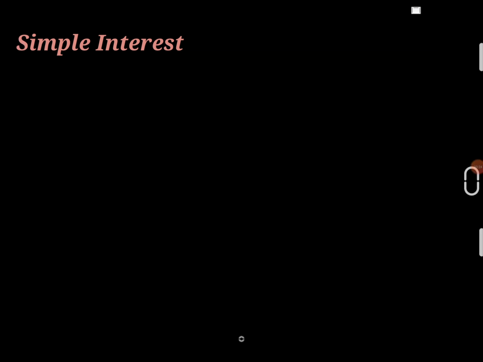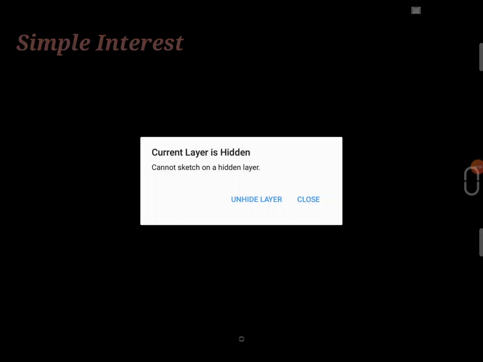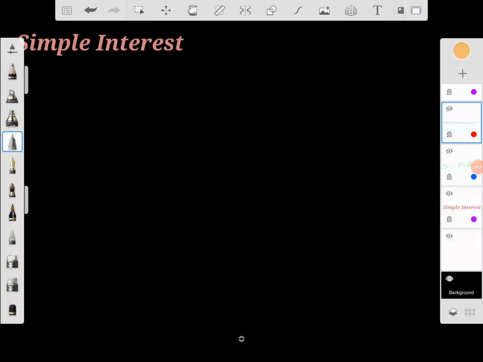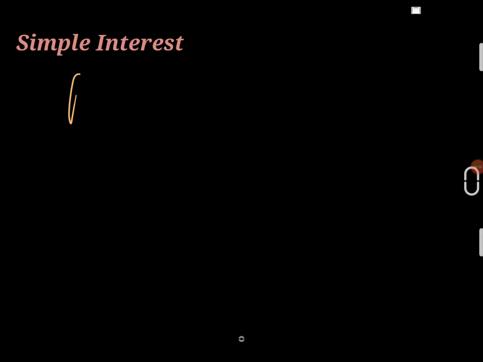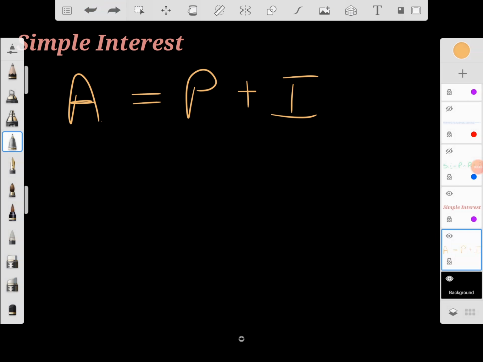First of all, you should remember one thing, that the total amount that you get or you pay is equal to principal, the amount that you borrowed, plus interest. This could be simple interest or compound interest, but for now we will take it as simple interest because we are studying simple interest, SI.